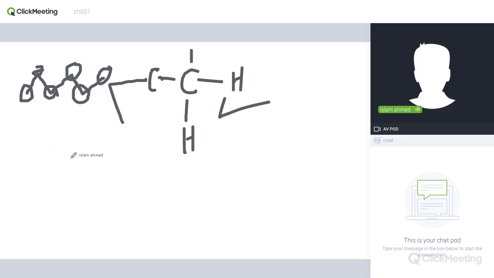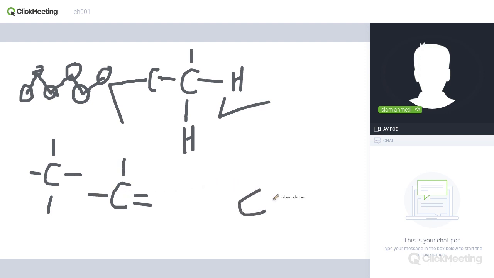Okay, so as I told you, the carbon atom has 4 bonds. It can be single bonded or double bonded, like that, or triple bonded like that. So this is the structure and the main bonds that can be formed by the carbon atom.